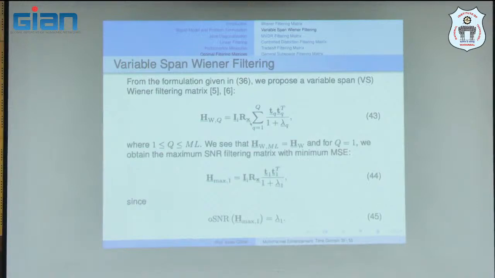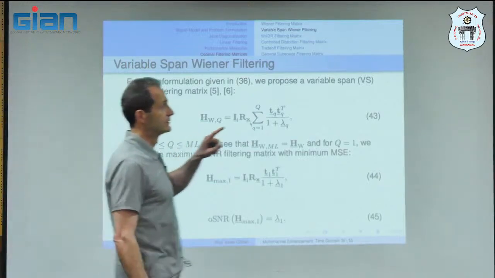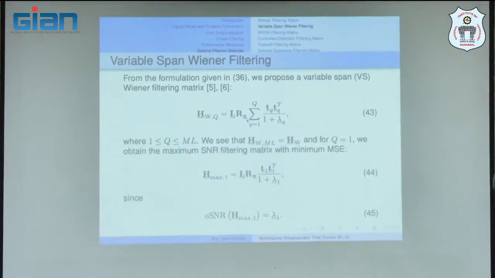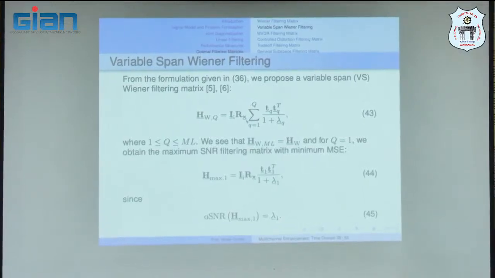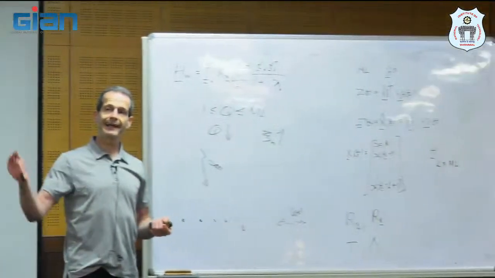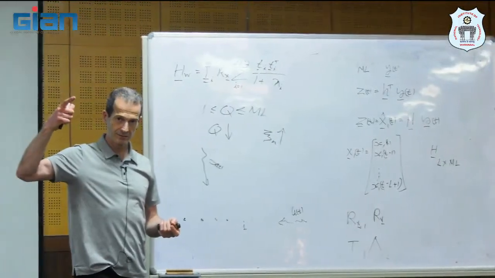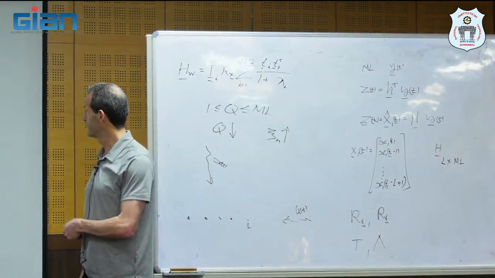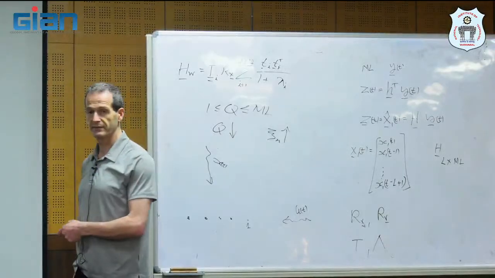Why? Because we obtained it with the Wiener filtering matrix, and then we take only the first component. So it's both the maximum SNR and the free parameter, just like in the single channel, is the one that obtains minimum MSE.